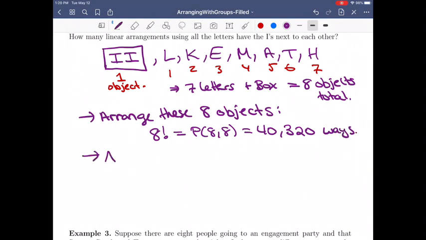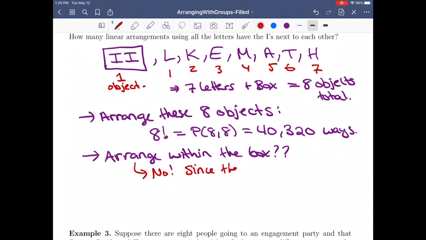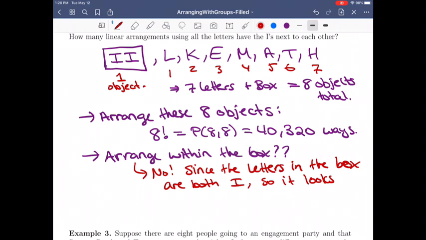Now we want to think, do we need to arrange within the box? So here, we don't actually need to do this arranging, since the letters in the box are both I's. So it looks the same no matter the order they're written.